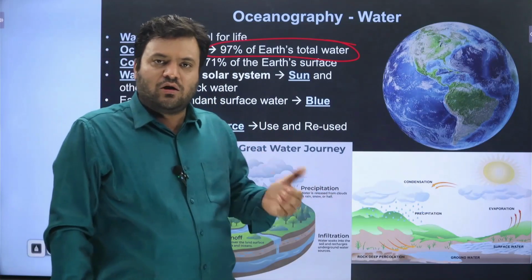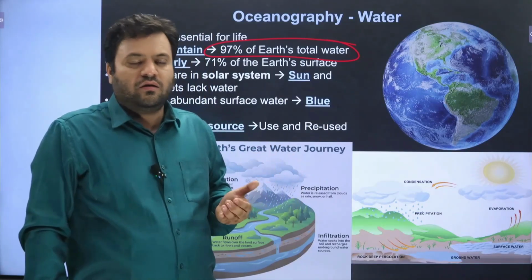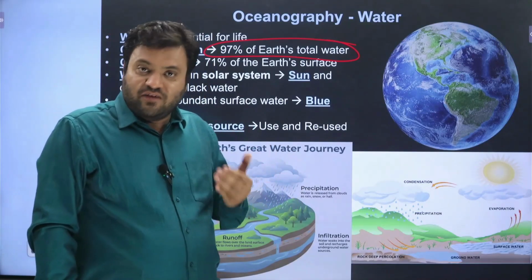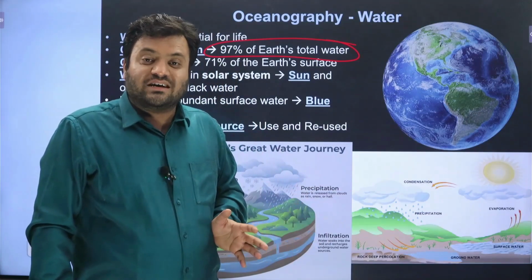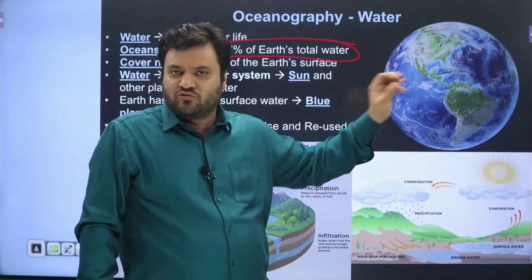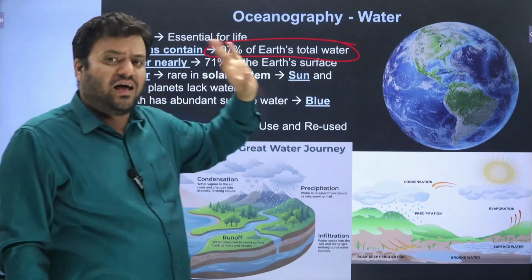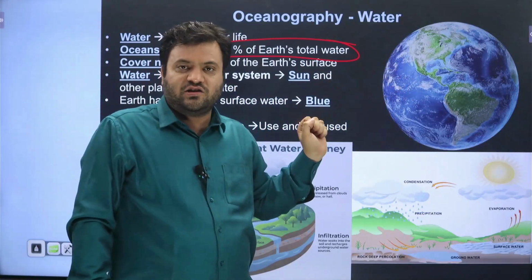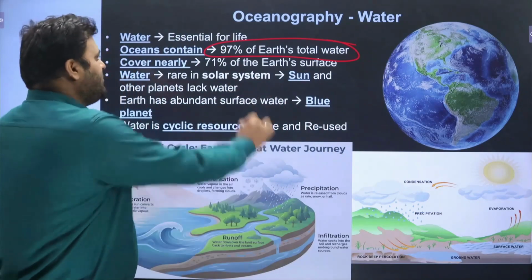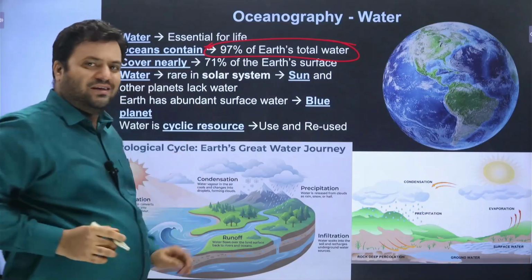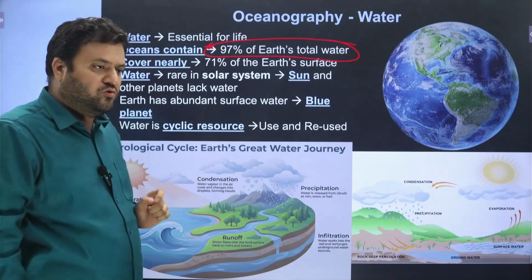High saline water is not advisable to use, because it comes with its own constraints. However, with desalinization technology, you can use that ocean water. So 97% of earth's water is mainly confined in those five oceans.